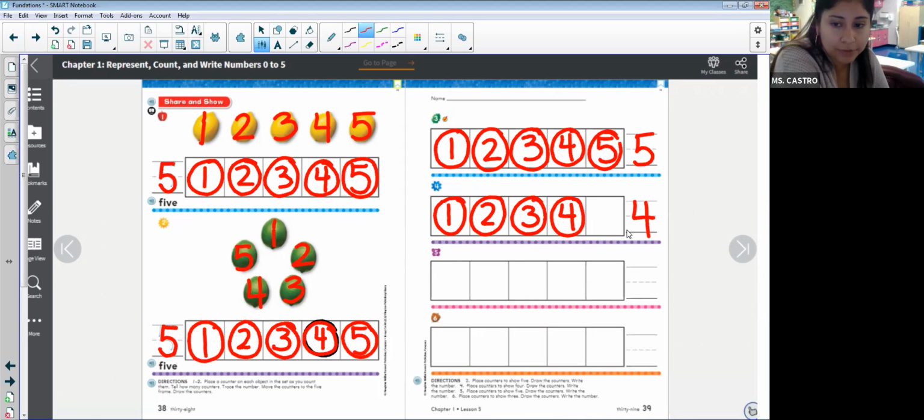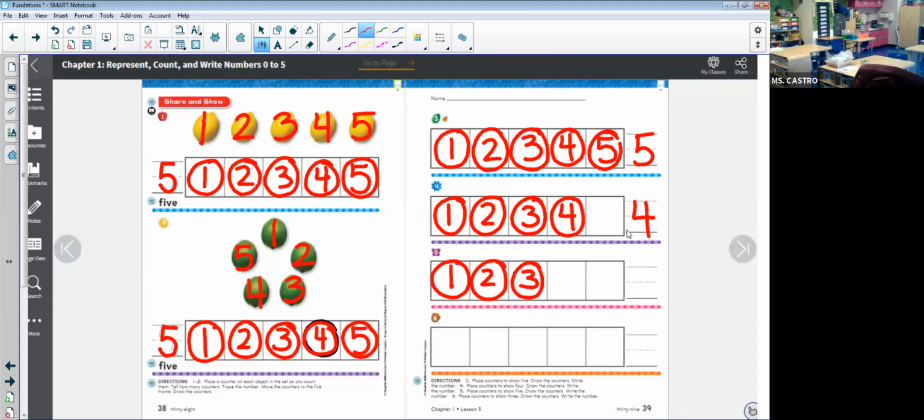We're going to label those 5 circles, and we're going to write the number 5 on the line. So here we go. 1, 2, 3, 4, 5. And we write the number 5 on the line.